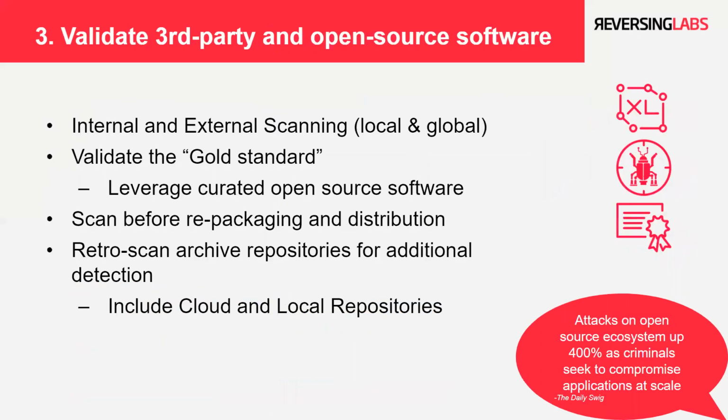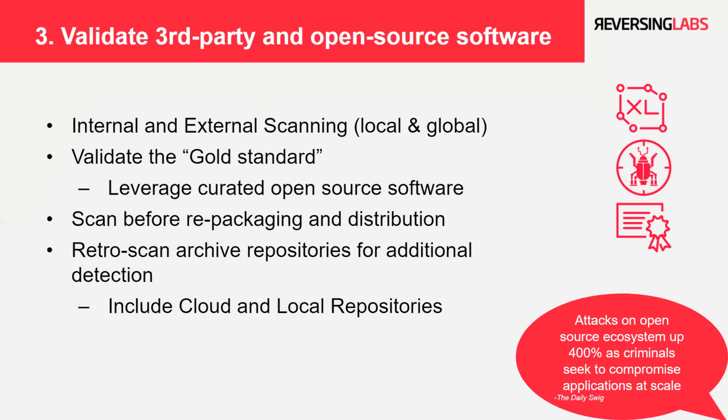I would encourage everyone to validate third-party and open source software. And I would argue there's a variety of different sources. If it's open source content, you might want to look for a vendor that's actually already inspecting those public repositories and getting a head start on whether malicious content exists.